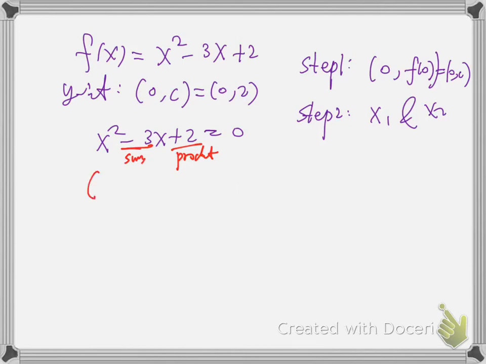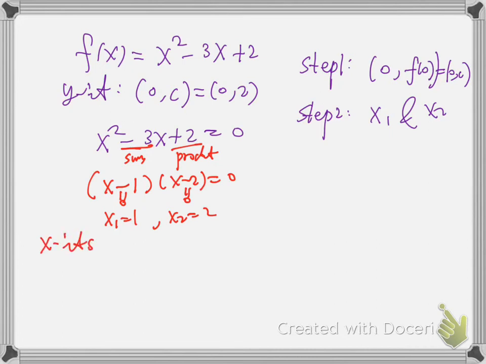So it's negative 1, negative 2. So it's x minus 1 times x minus 2 is 0. This gives us x1 is 1 and x2 is 2. So we have two x-intercepts: 1, 0 and 2, 0.